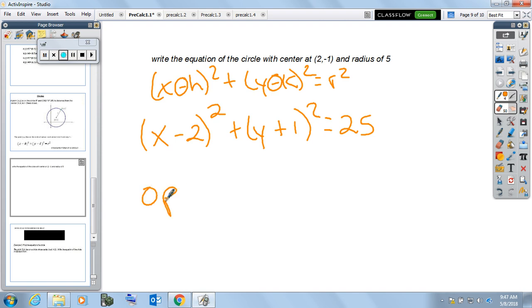I always like to say, it's the opposite of what you see. And that holds true for all of our horizontal movements when we're talking about shifts from the parent function, when we're shifting the absolute value, our quadratics, our parabolas, our roots. All of those hold true. It's the opposite of what you see for those horizontal shifts as well.